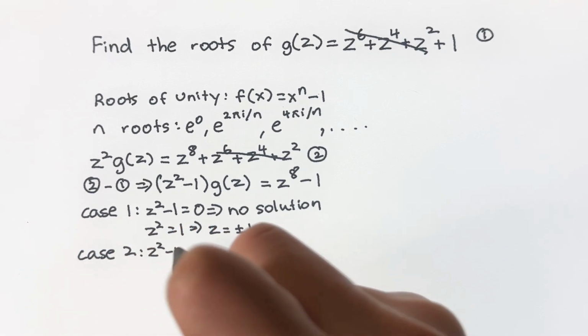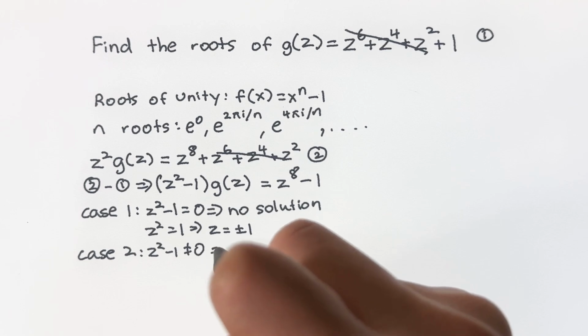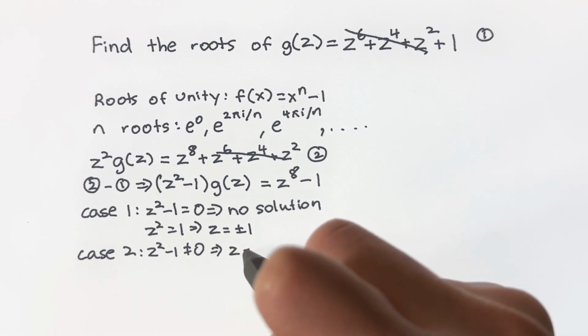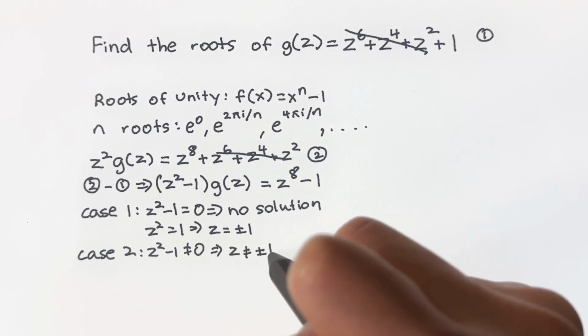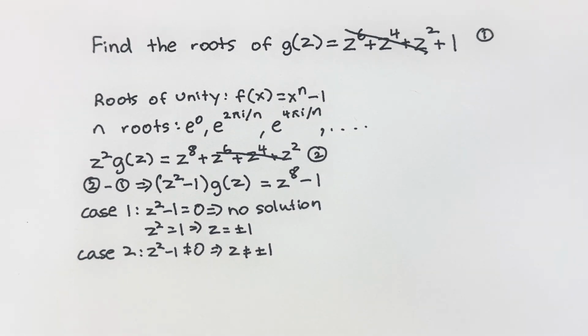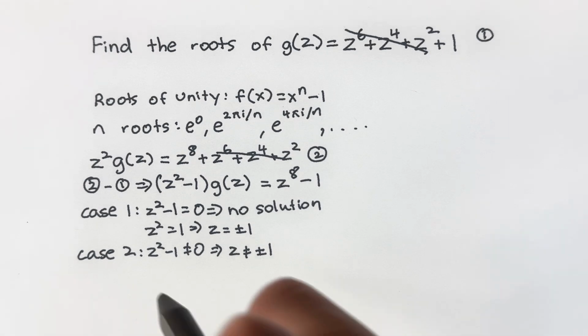So we have case 2. z squared minus 1 is not equal to 0, so z is not equal to plus or minus 1. Then we can divide both sides by z squared minus 1.